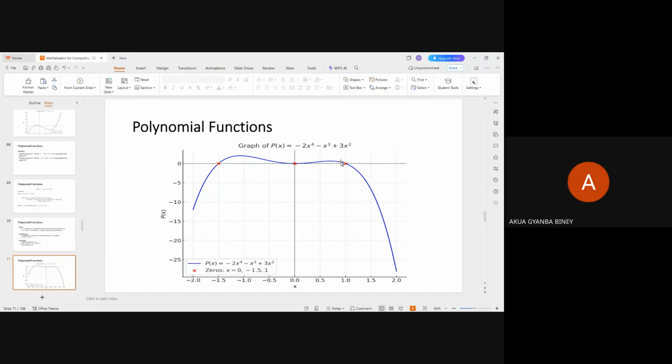If they are approaching the negative, they will fall. If it crossed and was approaching the positive, it would have risen. Once it is crossing from the positive, I enter the negative, so I fall. I am from the 0, which I didn't cross because my multiplicity is even, so I just bounced off. Coming here, I was in the positive and I'm supposed to cross because here it was odd. As I cross from the positive to the negative, it will fall. So using the zeros, you can sketch this graph as well.